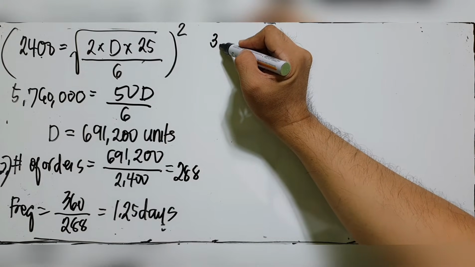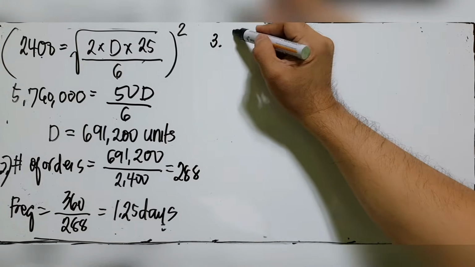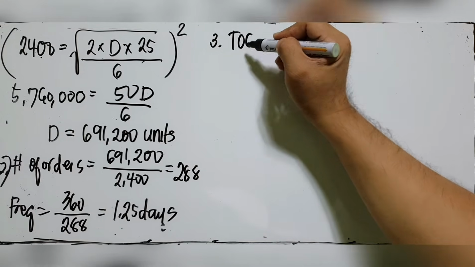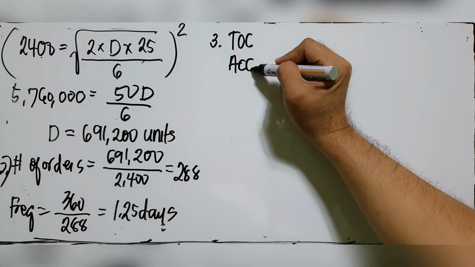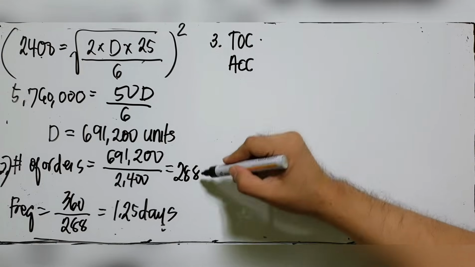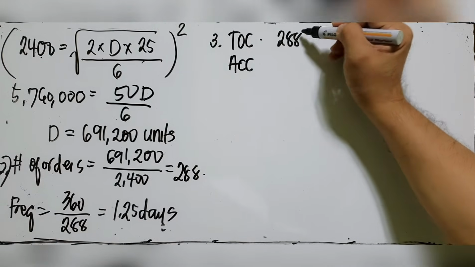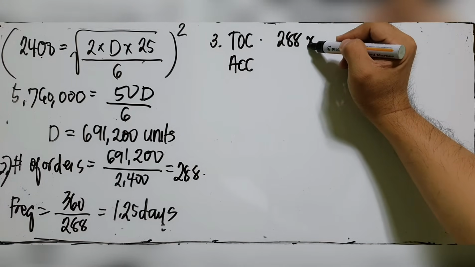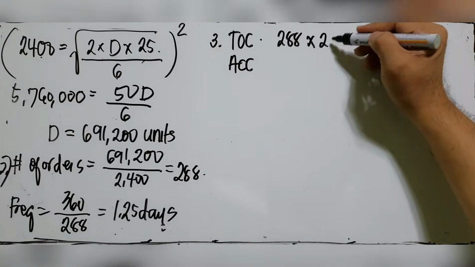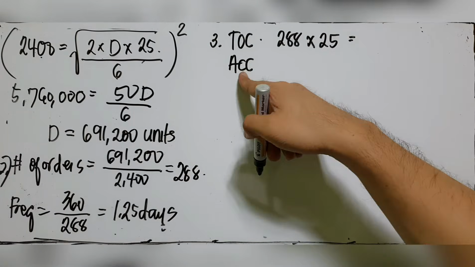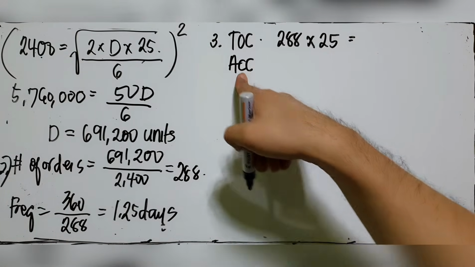Okay? So let's go to number 3. The question is the total inventory cost. Again, total ordering cost plus your annual carrying cost. Total ordering cost, how many orders? 288 times our cost per order of 25. Then our annual carrying cost is the average inventory.